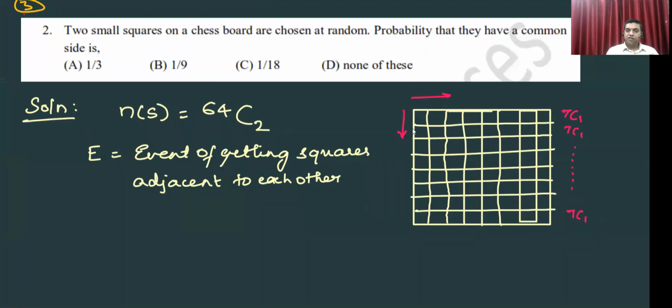Now look at the vertical squares. You again get 7C1, 7C1, 7C1, vertically adjacent. So this covers all the adjacent.